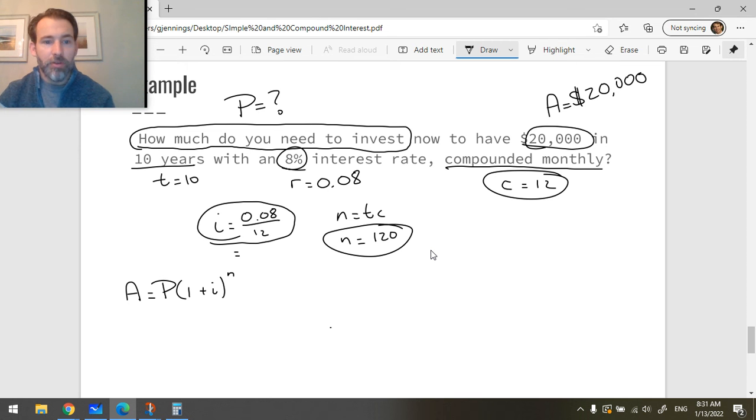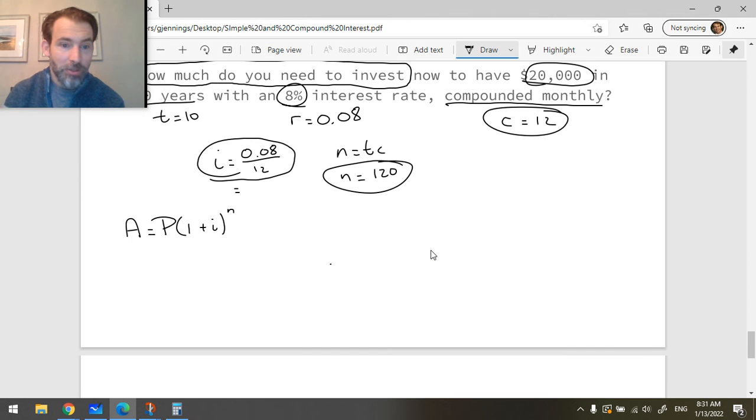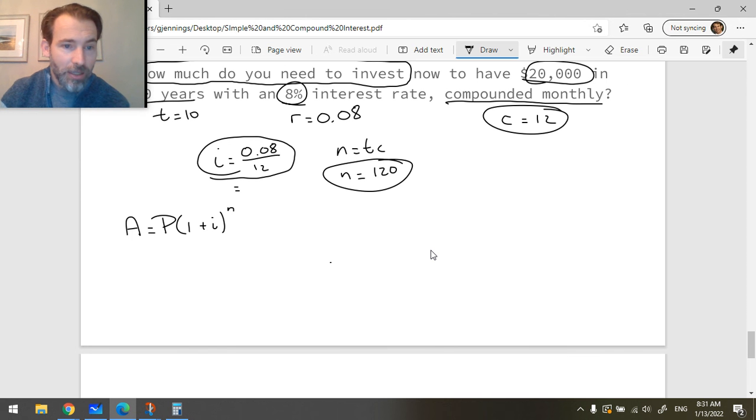Okay, and we can put everything in except for principal. Principal we don't know, so let's substitute everything in. A is equal to 20,000, and this is equal to principal multiplied by 1 plus 0.08 divided by 12 raised to the power 120.